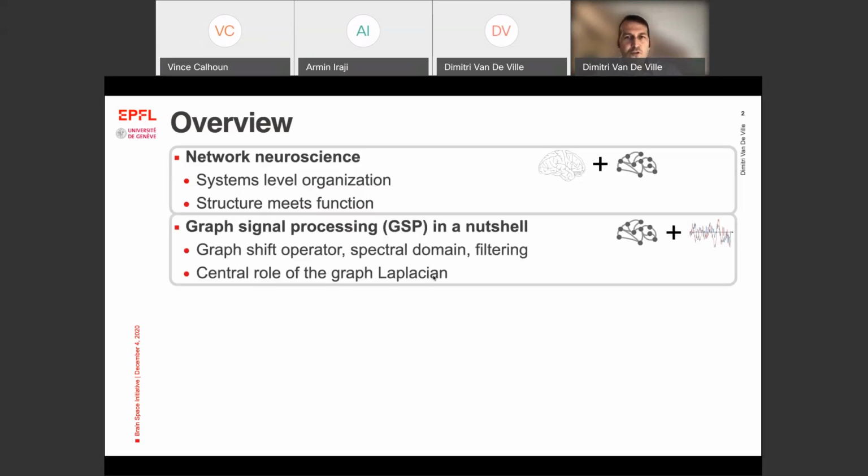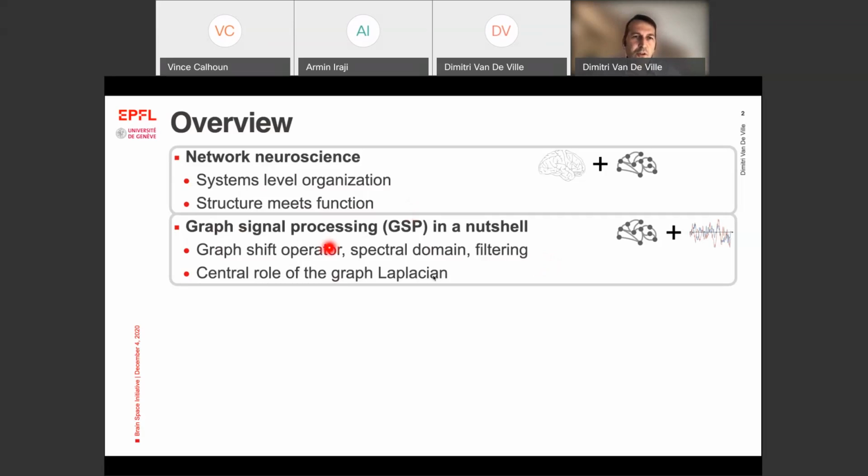And then I will go to a, let's say, more theoretical introduction, but I hope quite intuitive and quite fast, about graph signal processing and the basic ingredients that we need to build up our new operations that I want to apply later to the neuroimaging data.